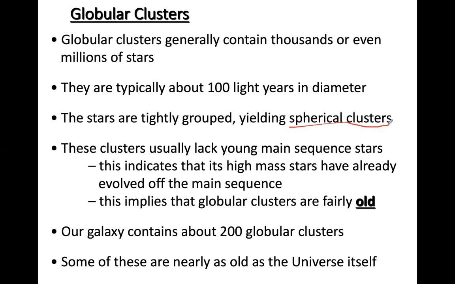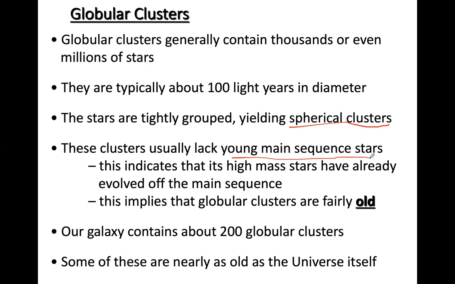These clusters usually lack young main sequence stars, which indicates that their high mass stars have already evolved off the main sequence. This implies that globular clusters are fairly old, right?